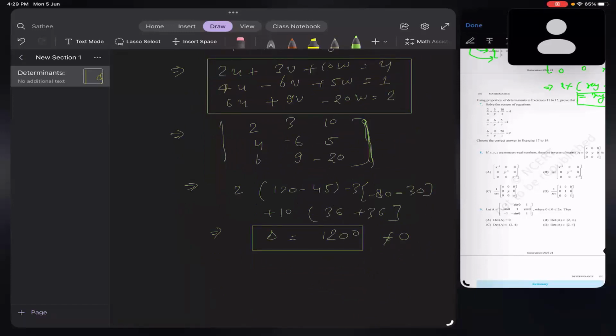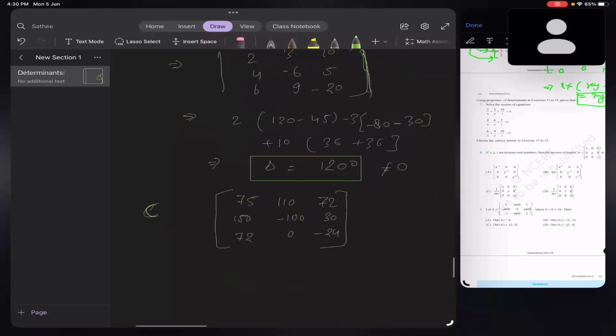And if we quickly find our C matrix, the cofactor matrix, it should be simply 75, and this should be 110, and this should be 72, and this is 150, and minus 100, 30. Oh, sorry.